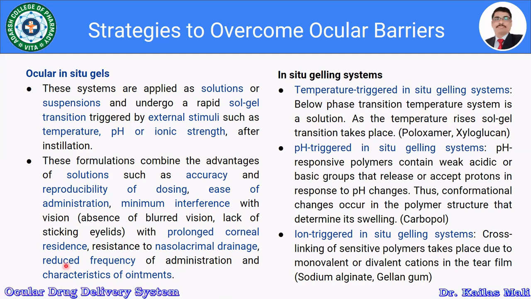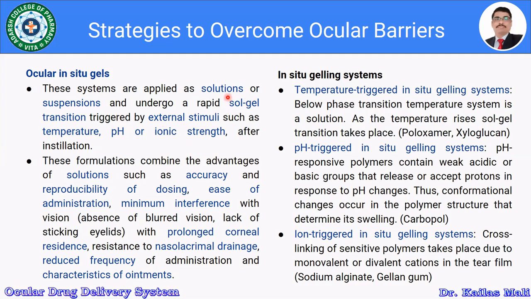So these are some advantages which we get when using ocular in situ gelling systems. They are in the liquid form, and after instillation, due to external stimuli, they get converted into the gel form.